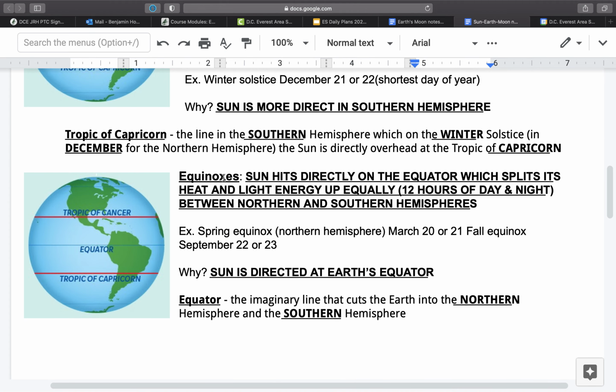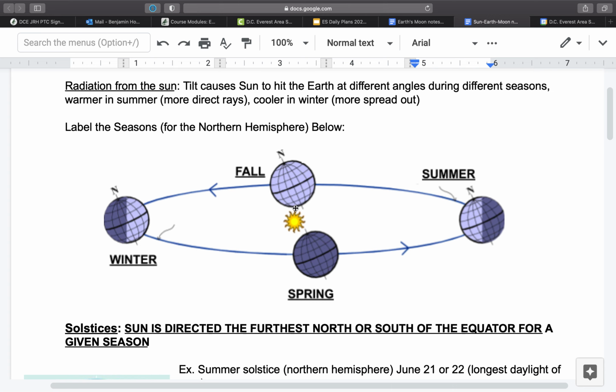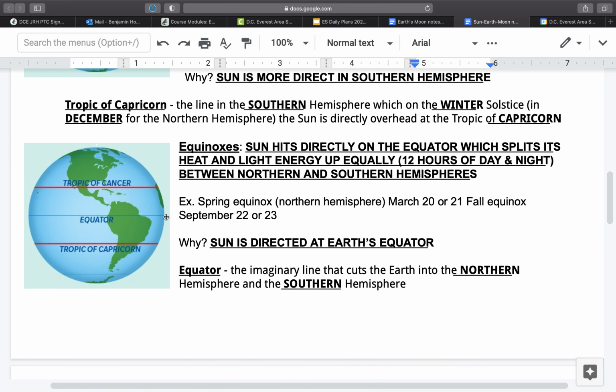So then we have these other two events called equinoxes, and those happen once in spring and once in fall. So it goes along with this part of the diagram here. So on those 2 days, actually the same exact event occurs. The sun is focused right here in the middle on the equator.